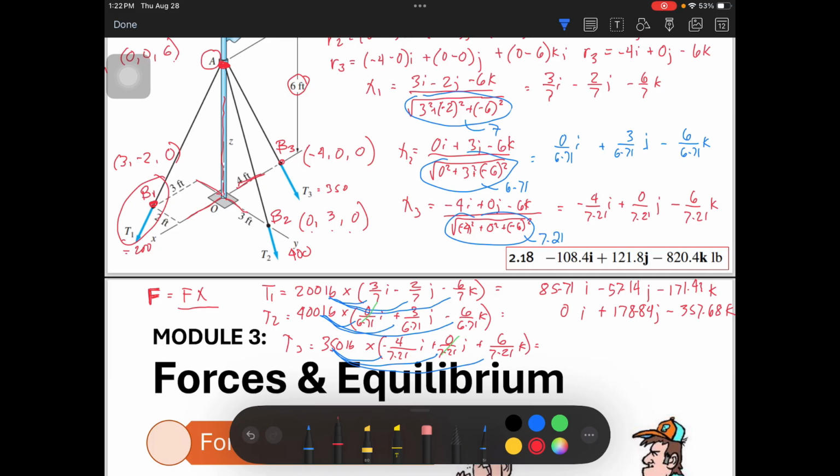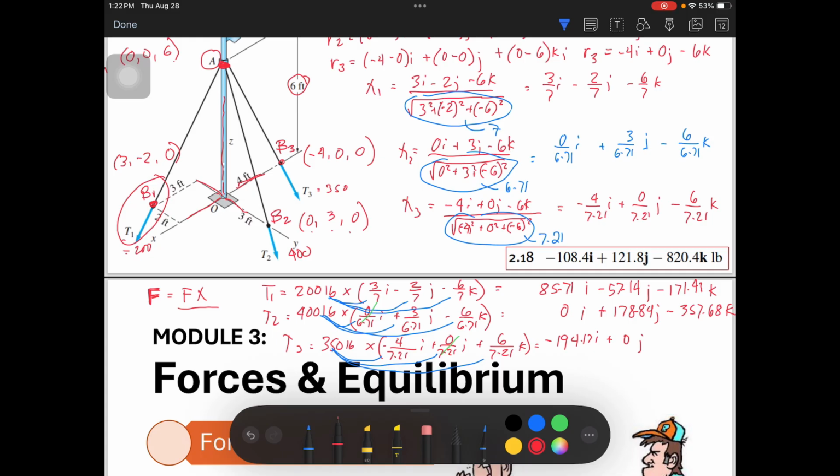Next, T3. Distribute natin. 350 times negative 4 over 7.21. Okay, 350. So, negative siya, no? So, negative ang x niya dito. Times 4 over 7.21. 194.17 i. Next, 0 yon. So, plus 0j. And then, next, positive siya.